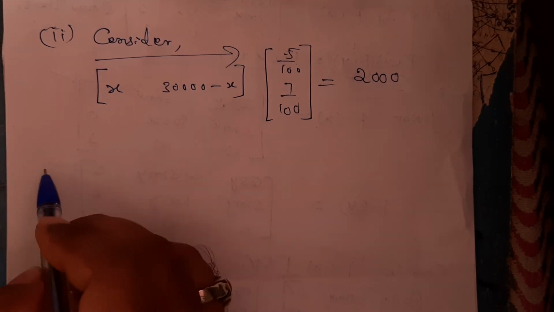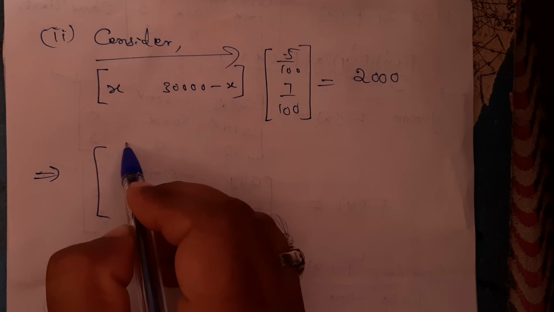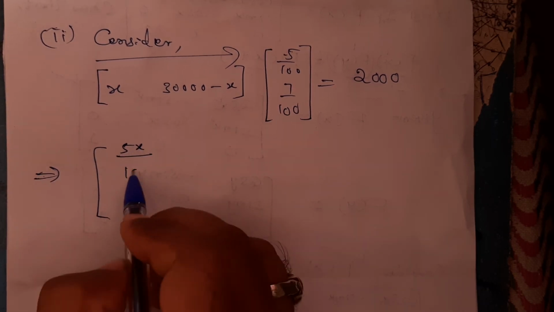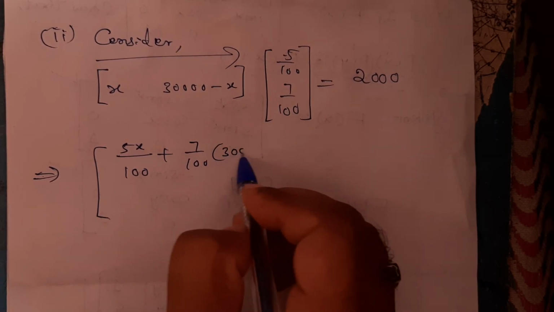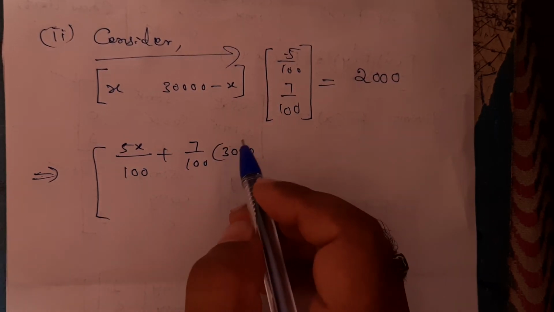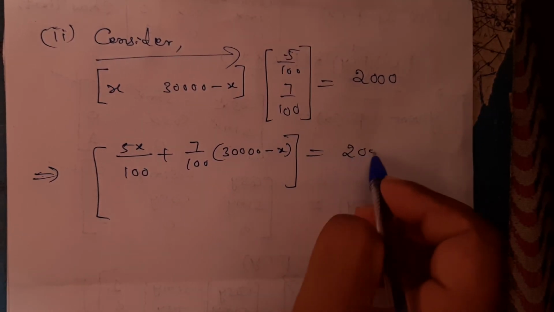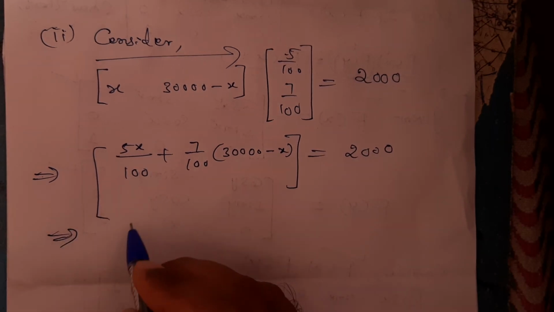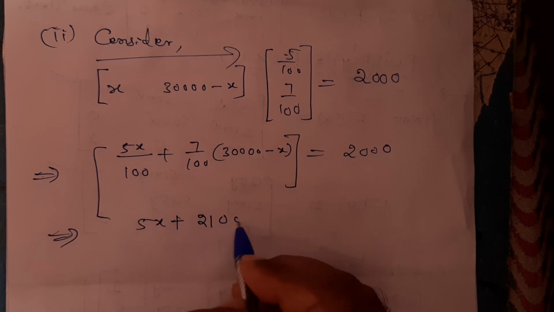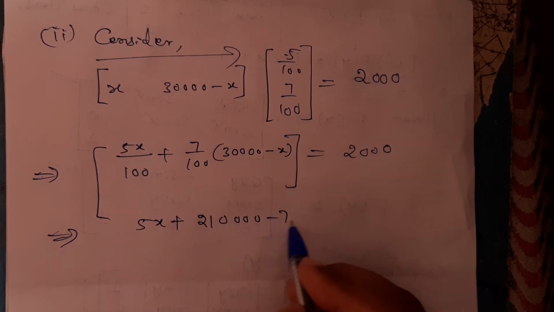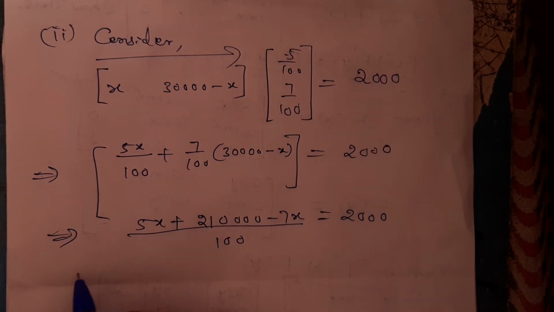So you multiply this with the column. You write the same steps: 5x divided by 100 plus 7 by 100 into 30,000 minus x is equal to 2,000 rupees on the right hand side. So we have 5x plus 2,10,000 minus 7x whole divided by 100 is equal to 2,000.